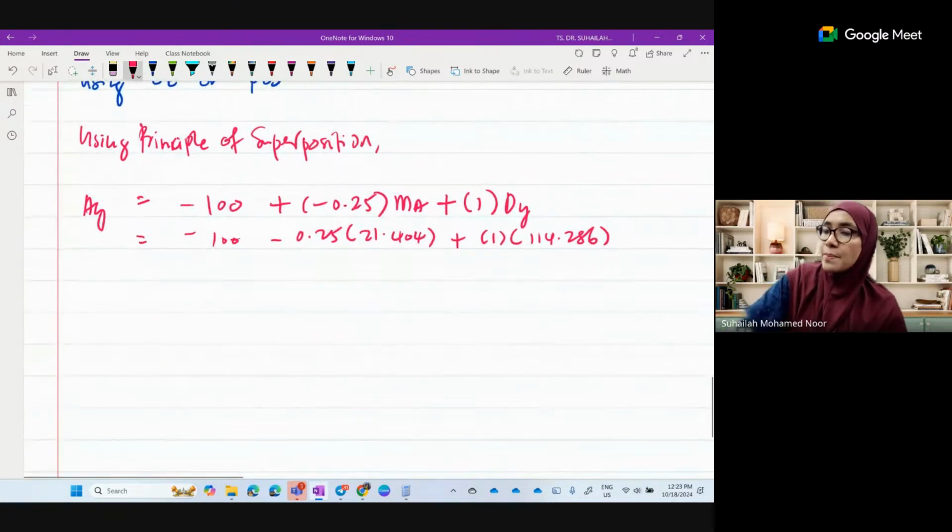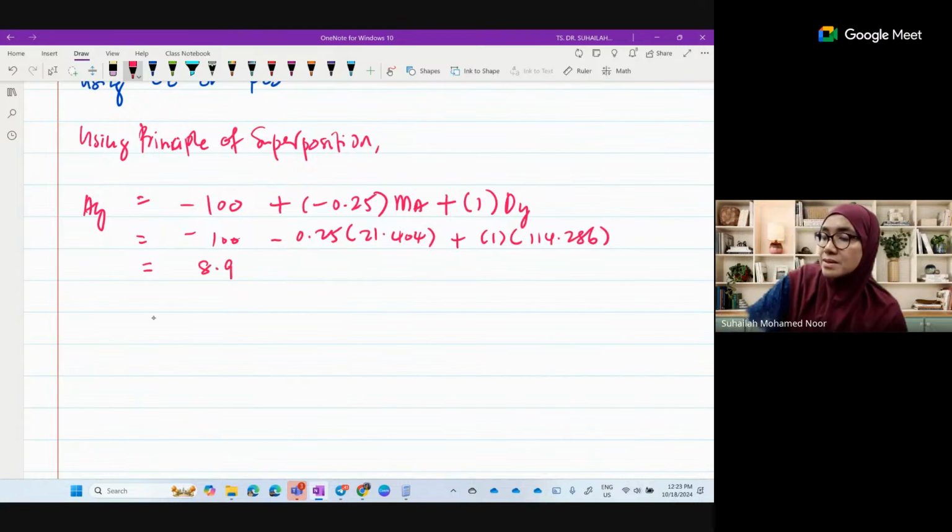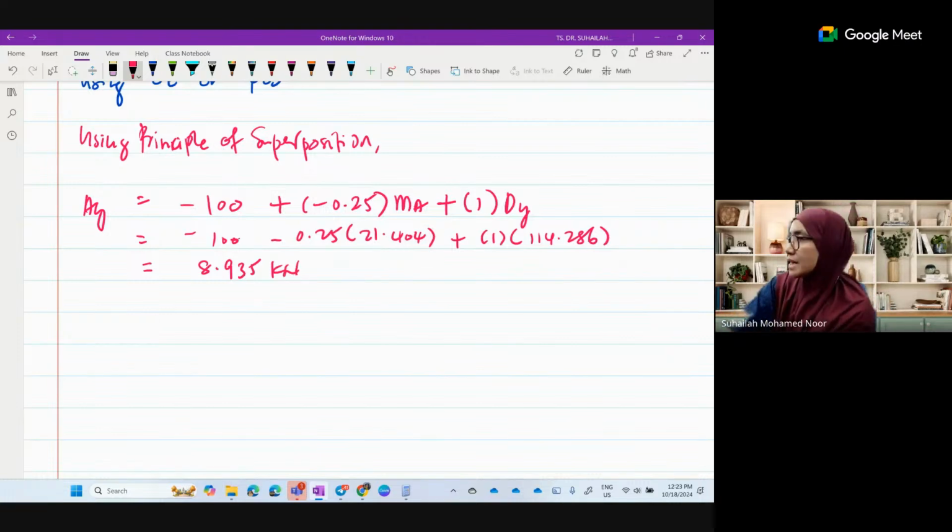Okay, then kita terus dapat AY, 8.935 kilo Newton. So yang ni lagi senang dari guna equilibrium equation, sebab kita dah calculate kat atas kan.